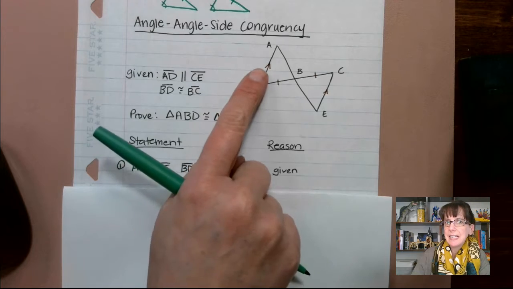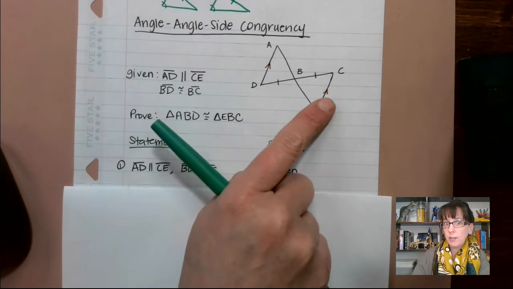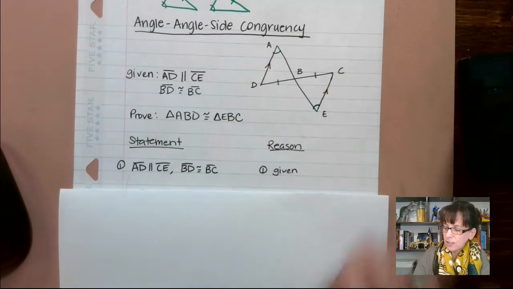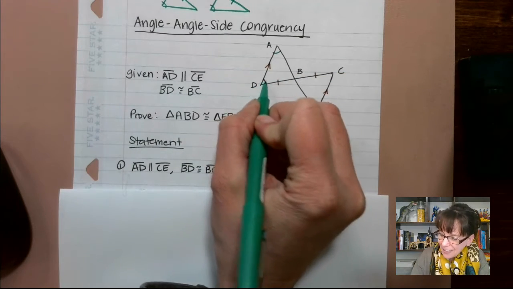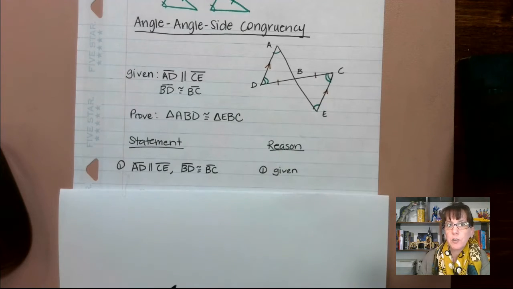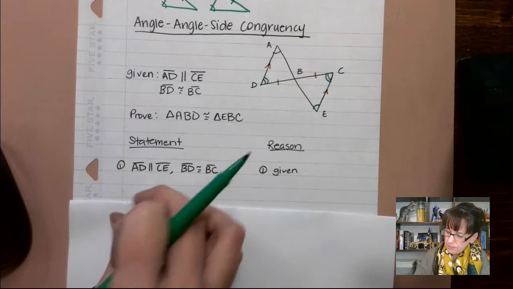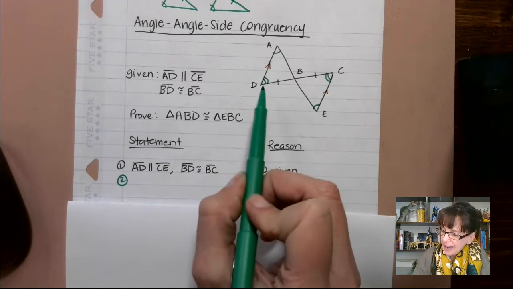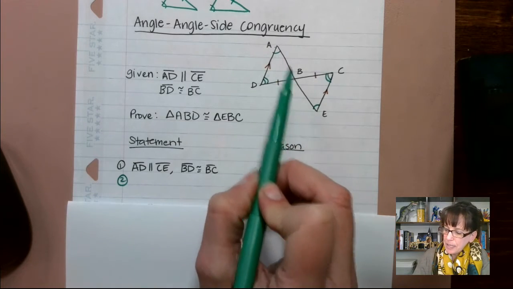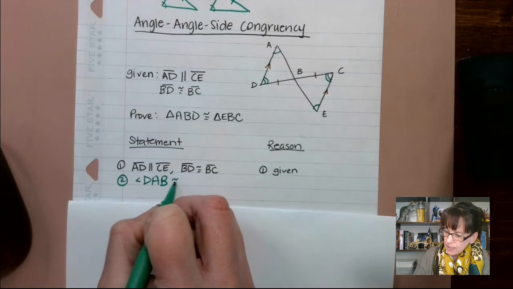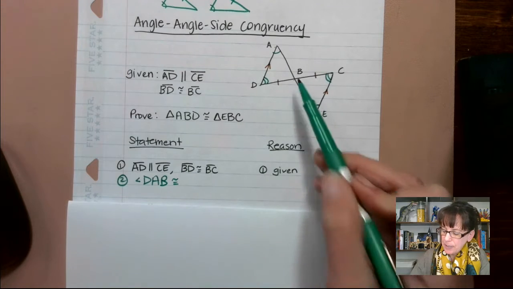Because we know these two lines are parallel, and they are cut by a transversal here, this angle and this angle are congruent. This angle is also congruent with this angle because DC is also a transversal. So for number 2, what we would say here is, angle DAB is congruent to CEB.